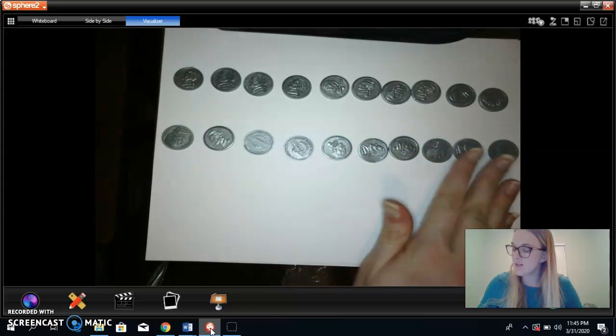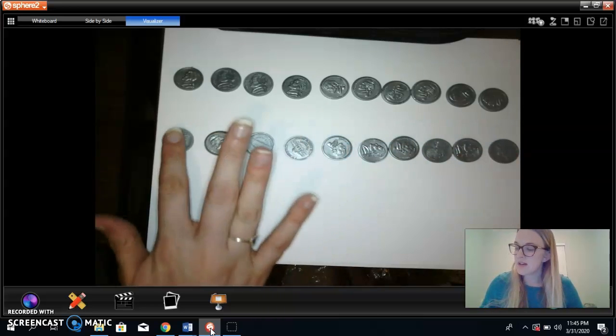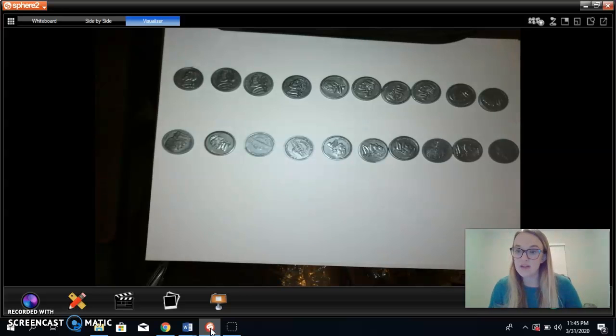So all of these nickels equal the same thing as $1 because we were able to count to 100.